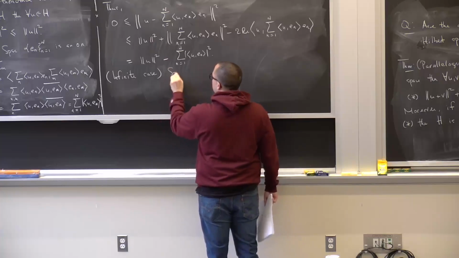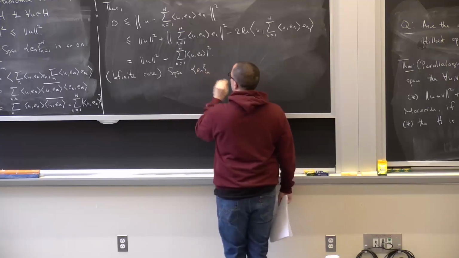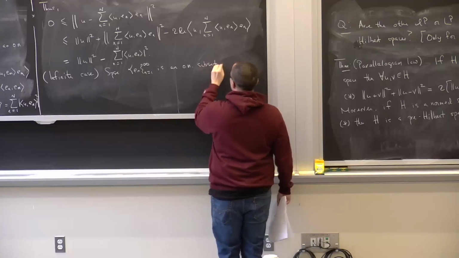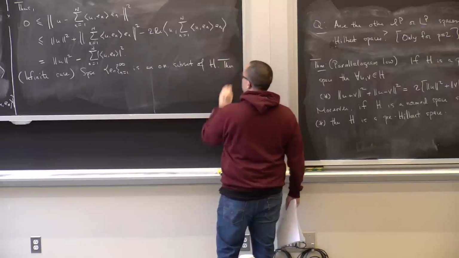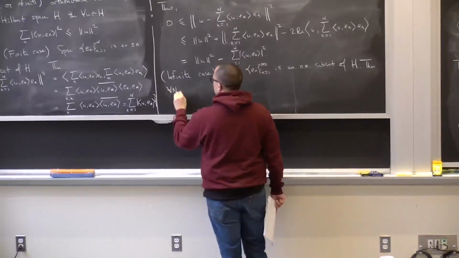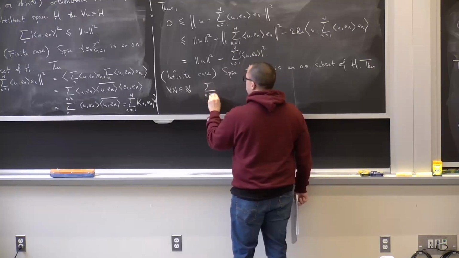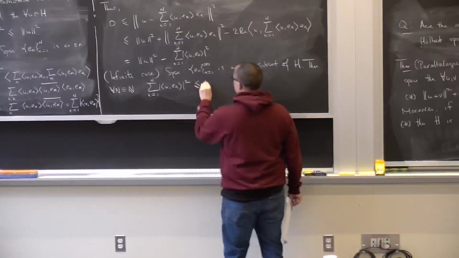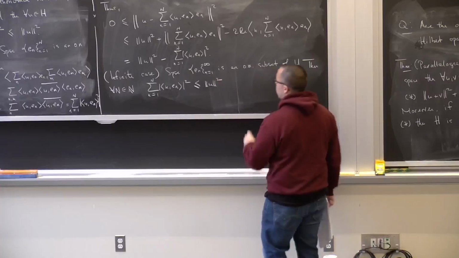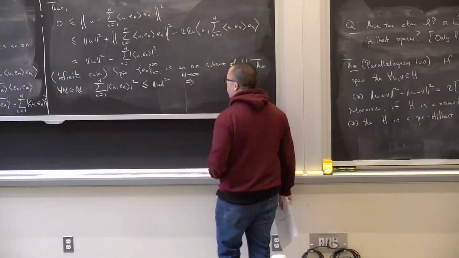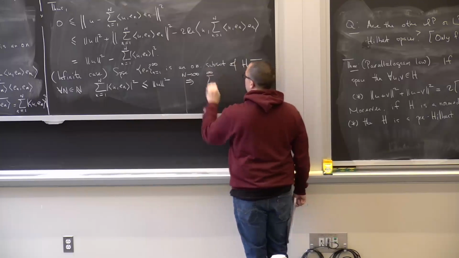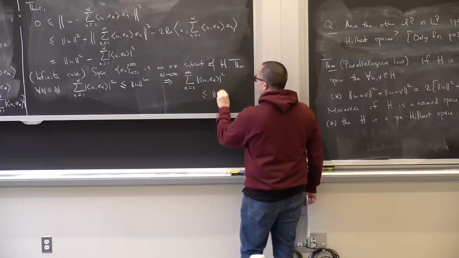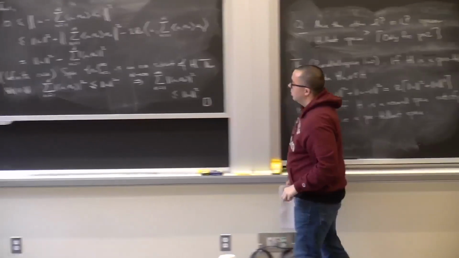So infinite case, suppose e_n, n equals 1 to infinity, is an orthonormal subset of H. Then we know that for all capital N, we have that the sum over n equals 1 to N of |⟨u, e_n⟩|² is less than or equal to the norm of u squared, so I can just send capital N to infinity to get that the sum from n equals 1 to infinity of |⟨u, e_n⟩|² is less than or equal to the norm of u squared. Okay?